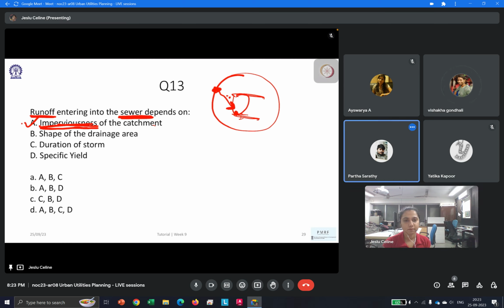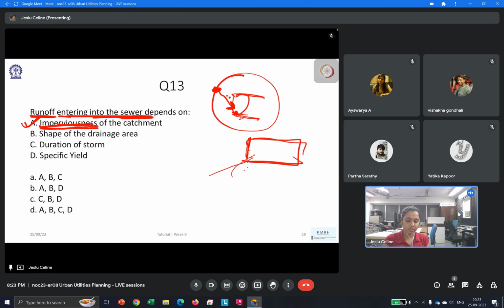I think yes, ma'am. Yes, because the runoff entering into the sewer will depend upon the shape, how you have placed it, or the slope in which you have placed it. Otherwise, it'll be difficult for water to enter. You might place it in a rectangular form where water is coming this way, or imagine placing it in a triangular form, where water doesn't get in easily.